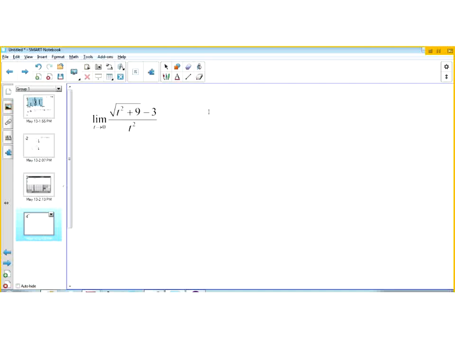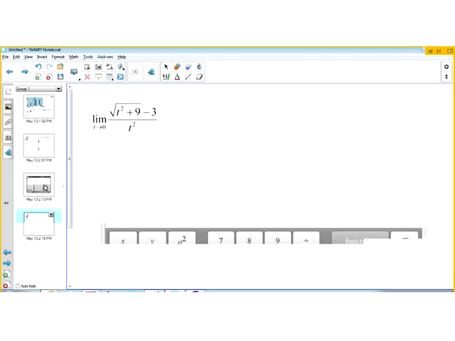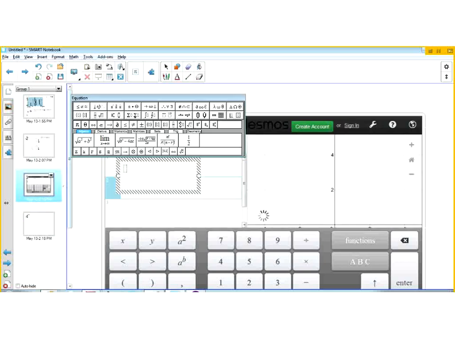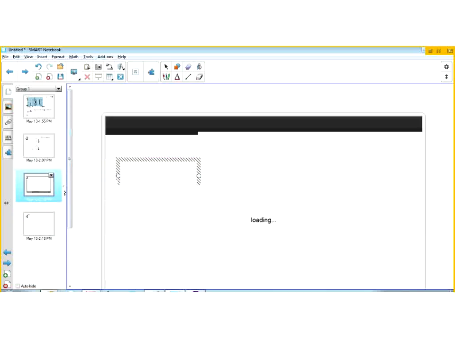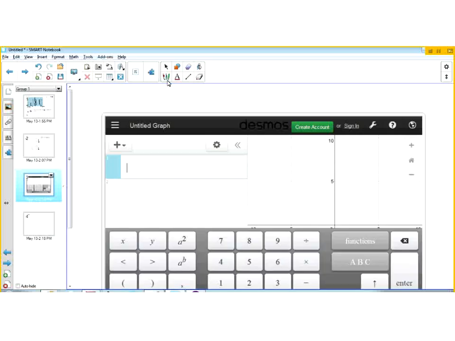T approaches 0. Well, clearly, 0 is not in the domain of this function, all right? So one choice we can deal with to answer this question is we can use a tabular approach, or we can go back and attempt a graphical remedy, or graphical exploration. So let's try that. Let's try a graphical approach at the outset.